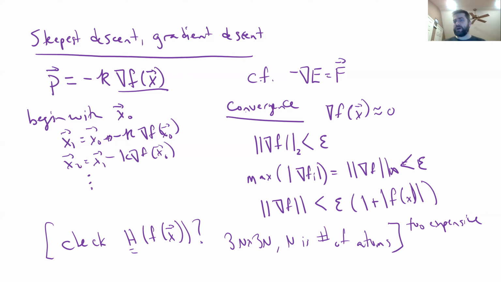Don't ask too much of steepest descent. Don't ask it to get you within 10 to the minus sixth, machine precision of 0. Ask for it to get close, and then perhaps use other approaches to get the rest of the way.